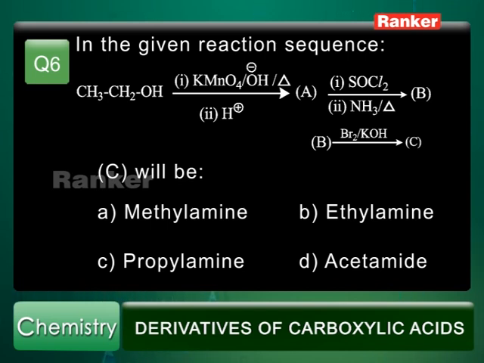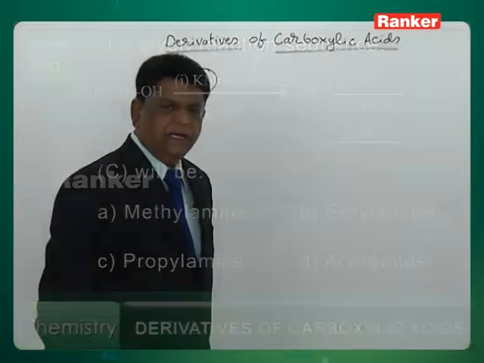The acetic acid treated with thionyl chloride followed by ammonia gives compound B, that is acetamide. Acetamide on reaction with bromine and KOH is supposed to form methylamine. The options for compound C are: A is methylamine, B is ethylamine, C is propylamine, D is acetamide. So option A is the right answer.